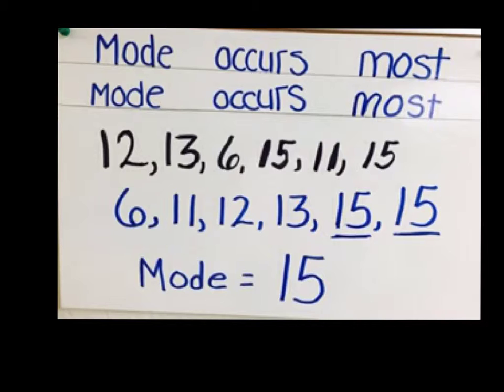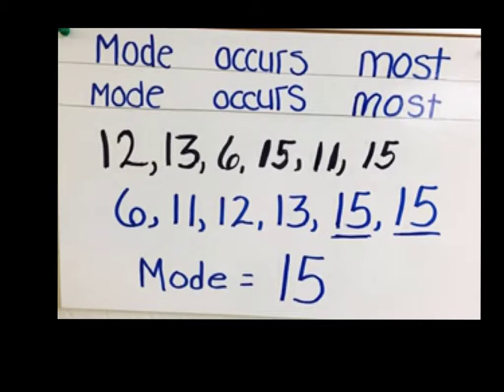Now 15 happens to be the greatest value in this data set, but let's not confuse greatest with occurring the most. I could have 2 6s down here or 2 12s, and I would have a mode of 6 or a mode of 12. And that brings up an interesting point. If this 15 right here were gone, then this data set would have no mode.